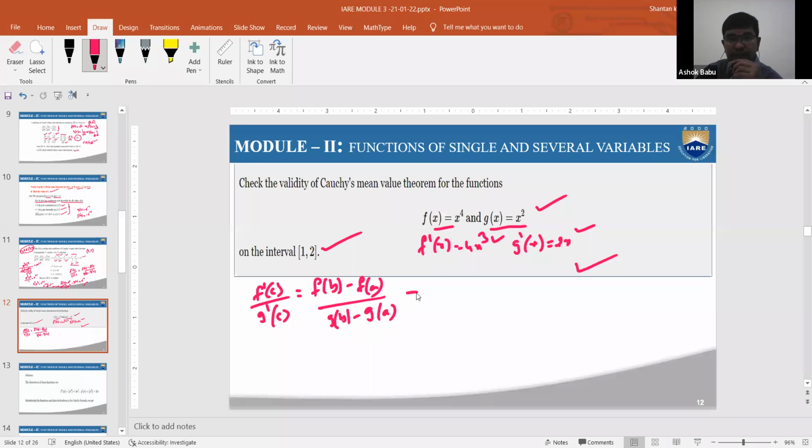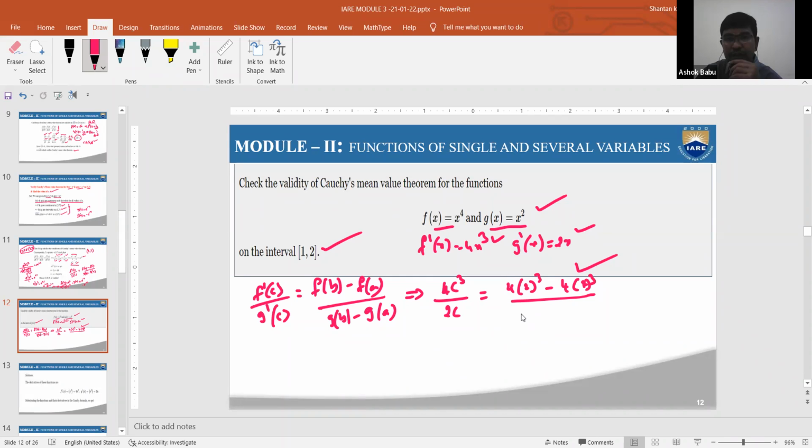Okay, now fine. F dash of c, what is f dash of c? 4c cube. What is g dash of c? 2c. F of b, what is f of b? 4 into 2 cube minus f of a, 4 into 1 cube, by g of b minus g of a.